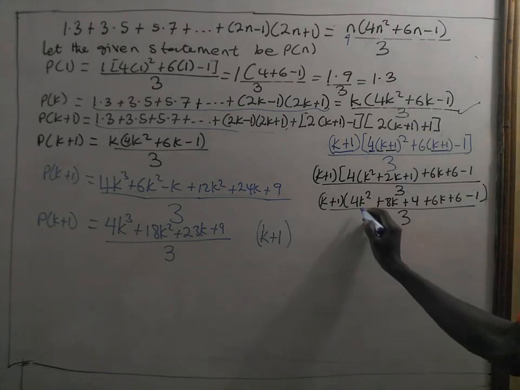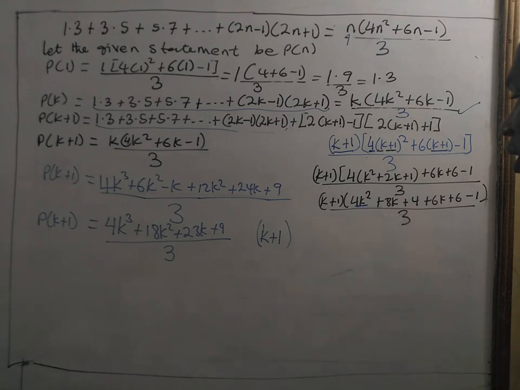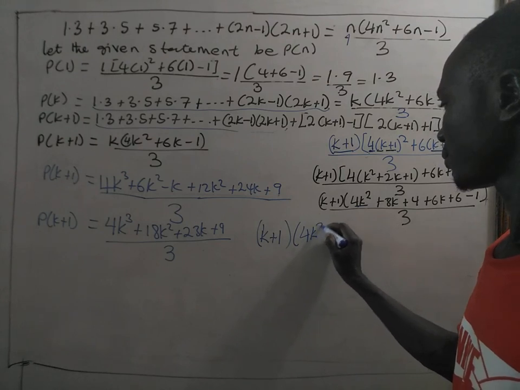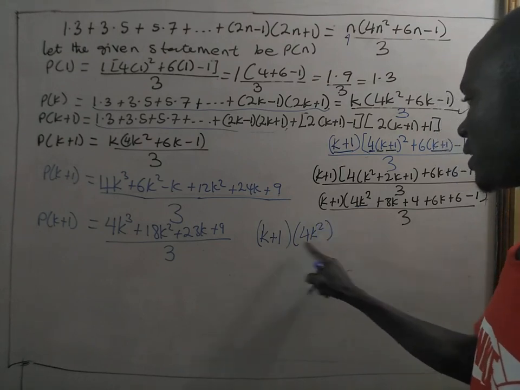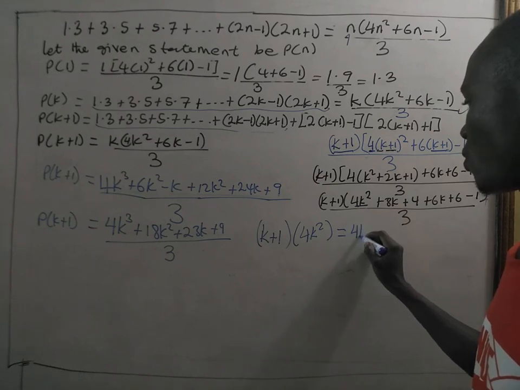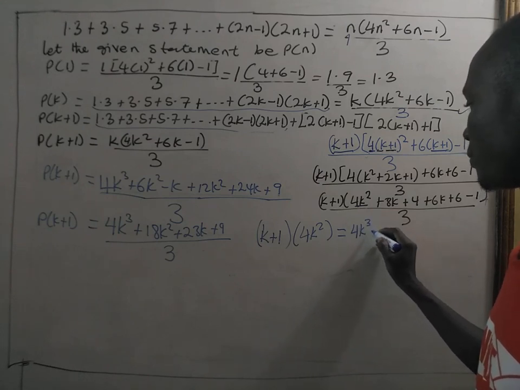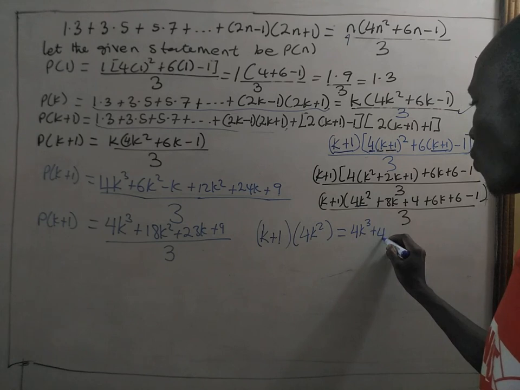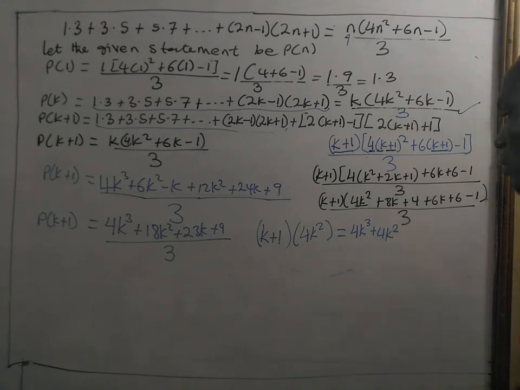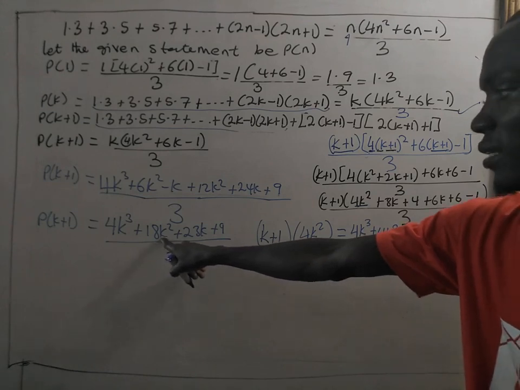Now how will we get this 4k squared? Then by writing simply 4k squared. Now let us expand this. This will give us 4k cube plus 4k squared. Now you come back to here.